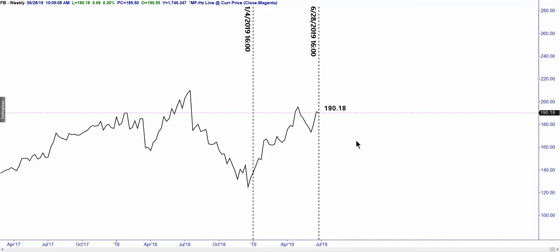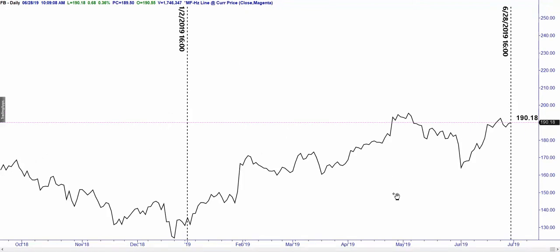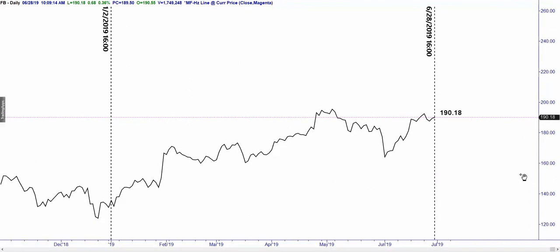If I bring this back to the daily, here's where we were before. On the other hand, we could put a finer lens on this and change it from a daily chart to a 1 hour chart.